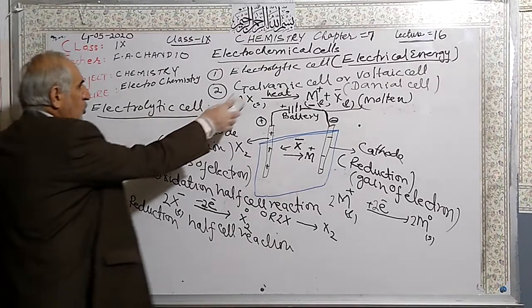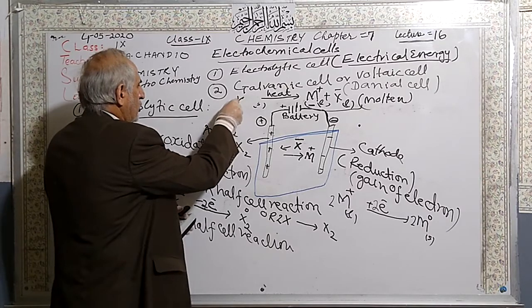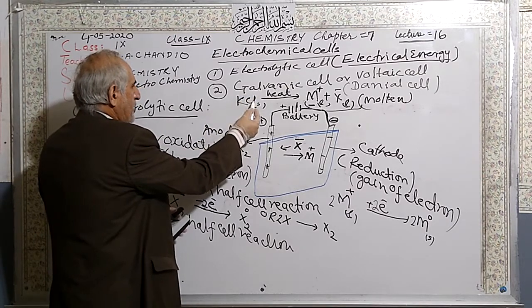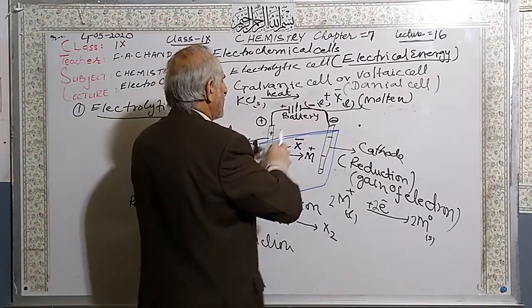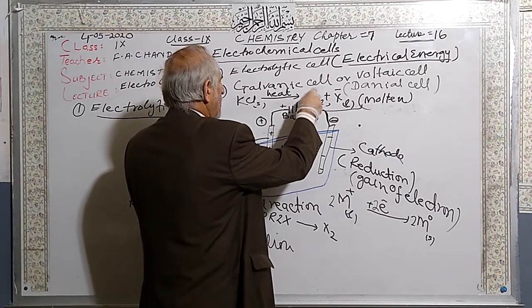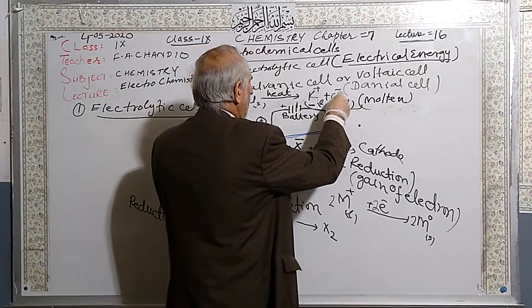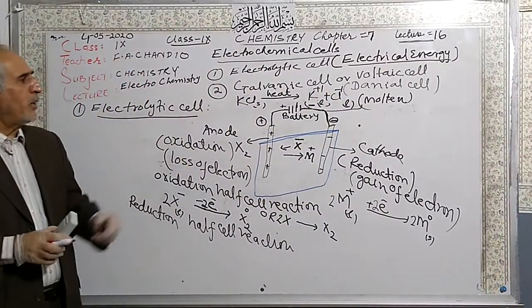So here I am going to use potassium chloride, same as before. Now instead of M, I put potassium, and instead of X, I put chlorine. On heating the solid, the M changes into potassium ions, and the X turns into chloride ions. Now this is molten potassium chloride.